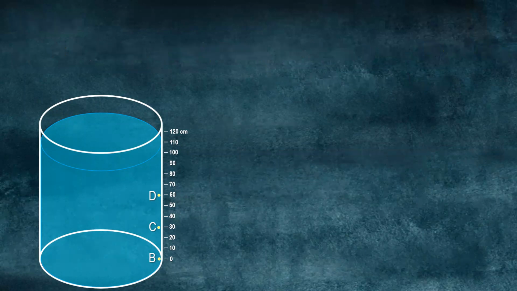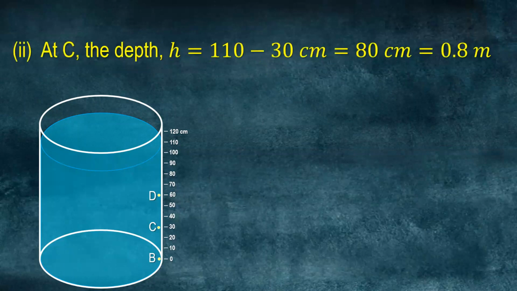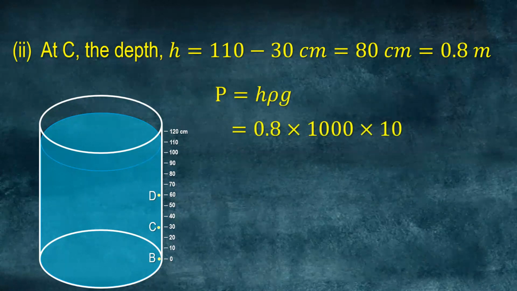Then for Roman 2, at the depth C, the depth H is 80 centimeters, which is 0.8. We've already done that, 0.8. And if you substitute in the formula pressure equals H rho G, you're going to get 0.8 times 1,000 times 10, giving us 800 pascals at point C.